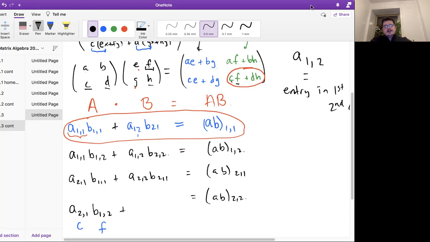All right. If you had questions, I'll give you some time to type that out. Yeah, so it's A22, B22. A22 is D, and B22 is H. Okay.